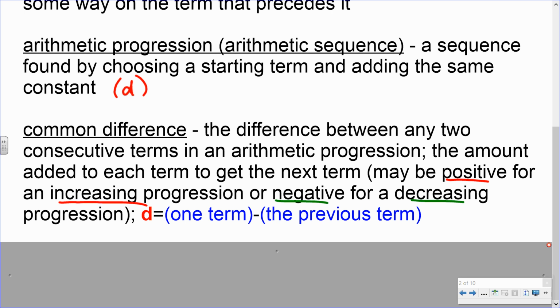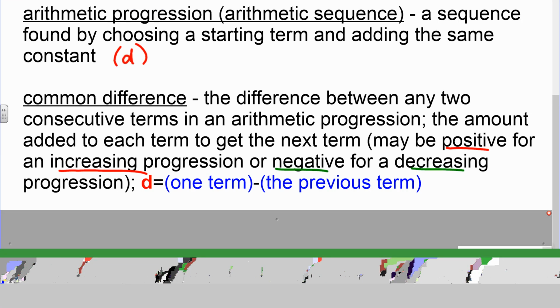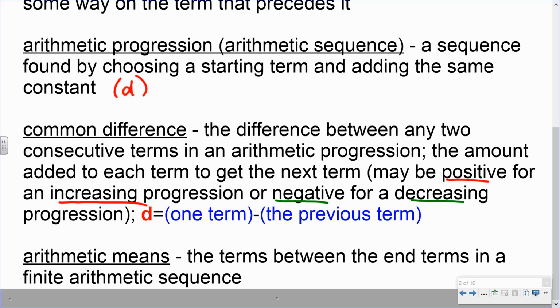The other new thing that we're going to talk about today will be arithmetic means. And first off, it only makes sense to talk about arithmetic means if we're talking about a finite sequence. If we only have a first and a last and one thing in between, the arithmetic mean is what we're used to thinking of as the mean or the average of the first and the last terms.